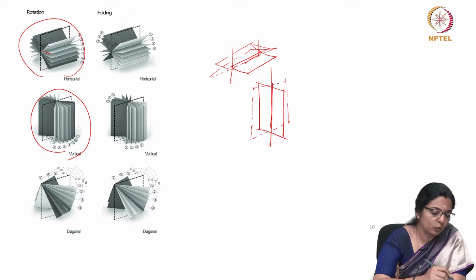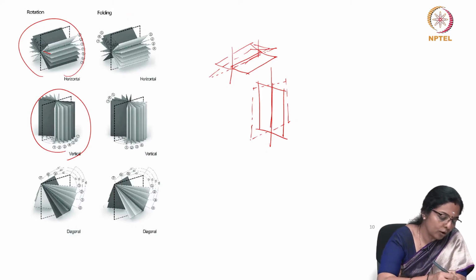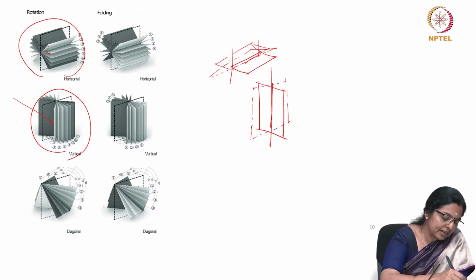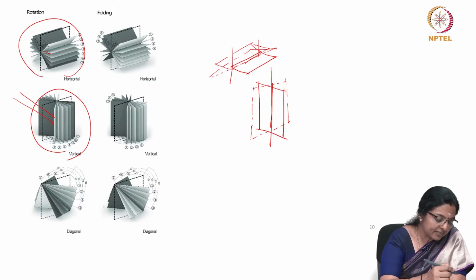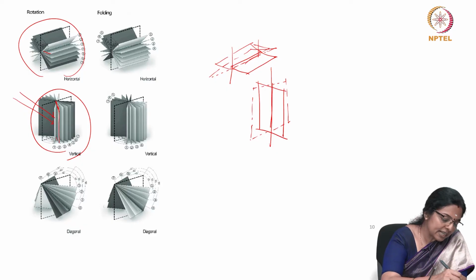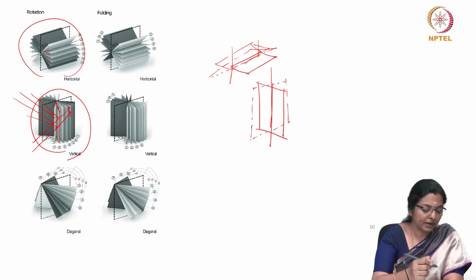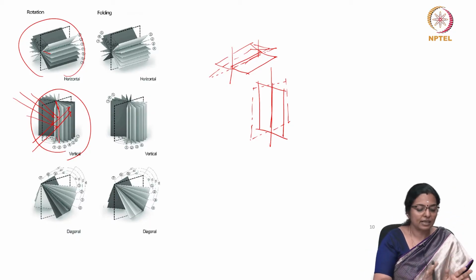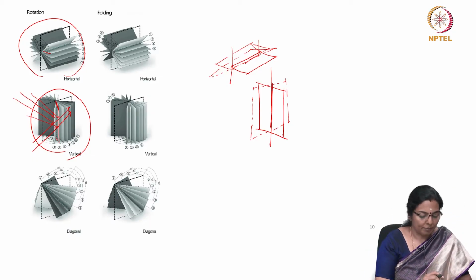For example, if you want solar radiation to fall, then on a particular day it could be like this. After some time, once it rotates and comes to this, the solar radiation would fall better on any of the surface. Depending upon the direction of the sun, the movement will happen.